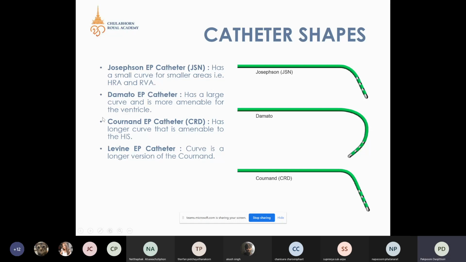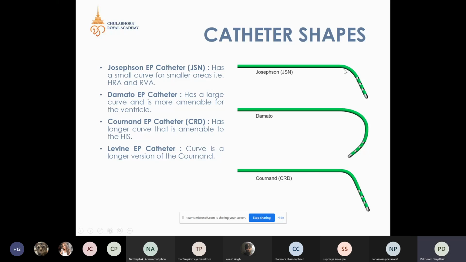The next one is the Cournand EP catheter. The Cournand EP catheter has a larger curve that is amenable to the His area. It's quite different from the Josephson, right? The Josephson has a small curve.